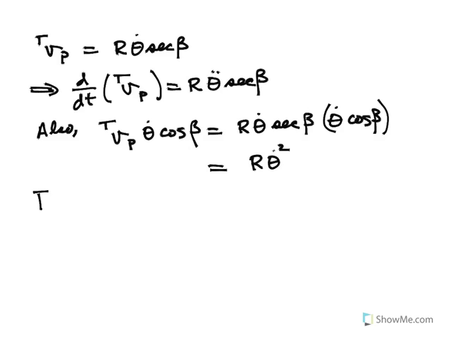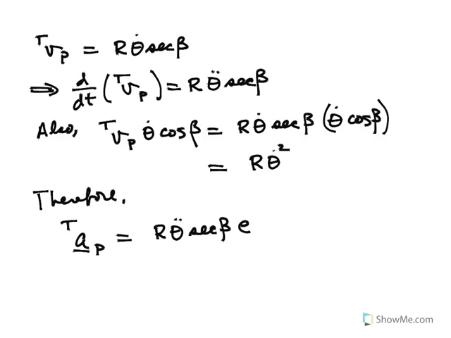This implies that the acceleration of point P, as viewed by an observer fixed to the track, is equal to r theta double dot times the secant of beta times the tangent vector plus r theta dot squared times the principal unit normal. And that is the final expression for the acceleration of P.